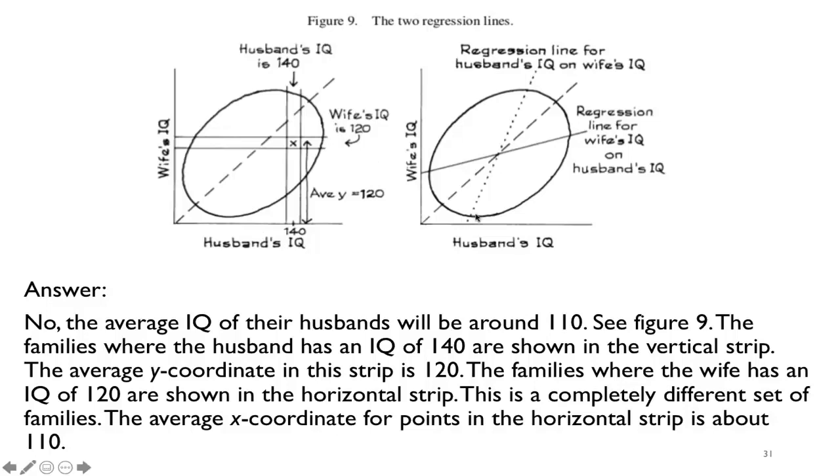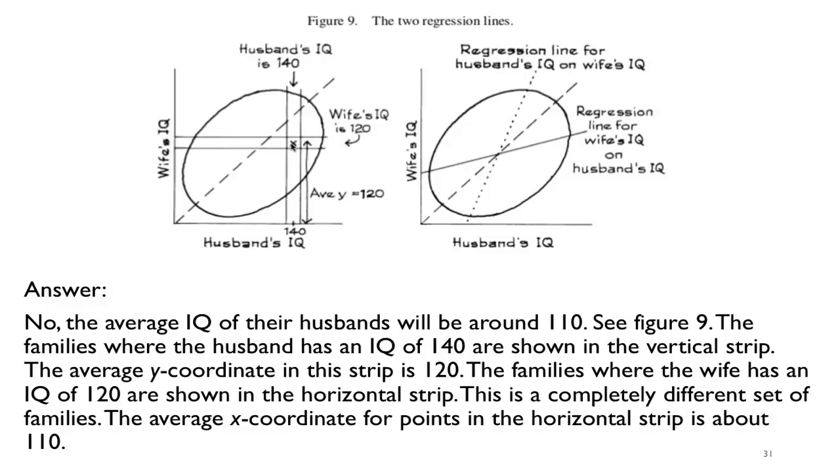And the reason is because, again, this is confusing. If I use the first regression line, the one where I know the husband's IQ to predict the wife's IQ, then that regression line corresponds to this vertical strip. It looks at all the wives whose husband has an IQ of 140, and finds the average of that, which gives you that point here on the regression line.